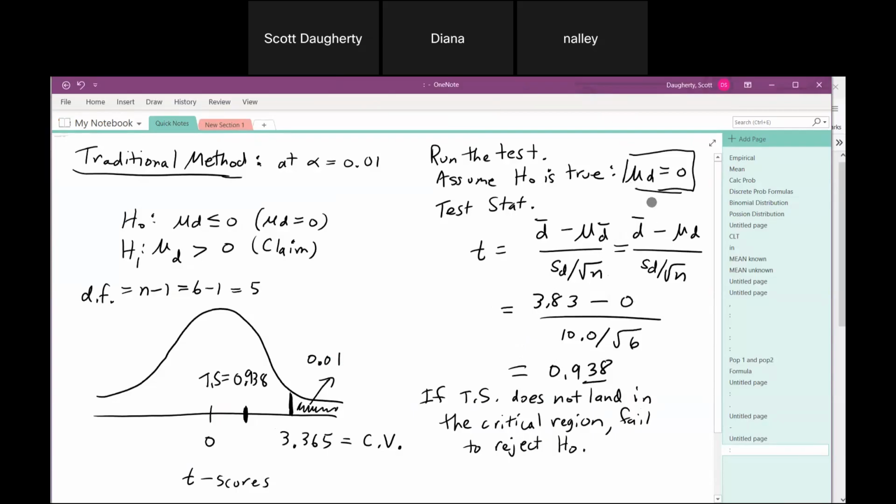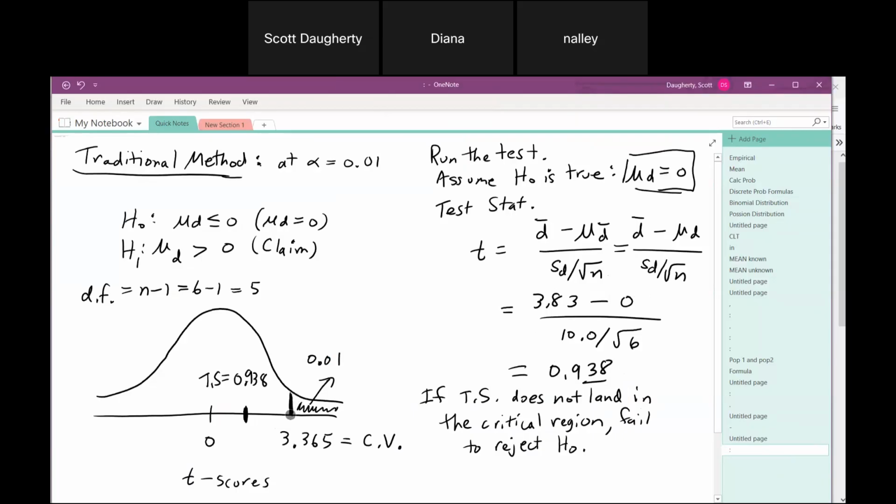If mu sub d were really zero, and I sample 6 matched pairs, find the difference between them, and average those differences to get D bar, I got 3.83. It's not crazy, right? It's not outlandish to believe that could have happened, because 3.83 is only 0.938 standard deviations away from zero, which is not far enough.